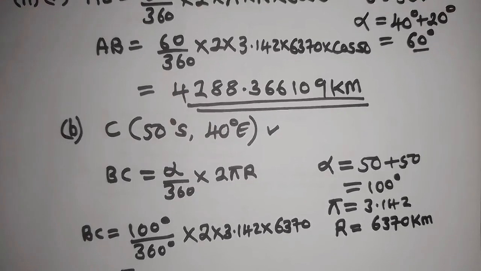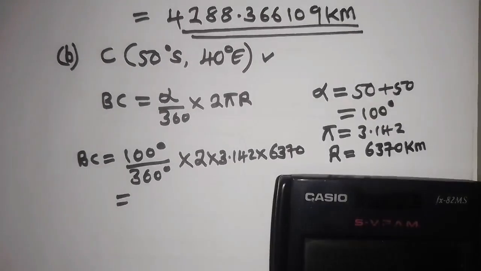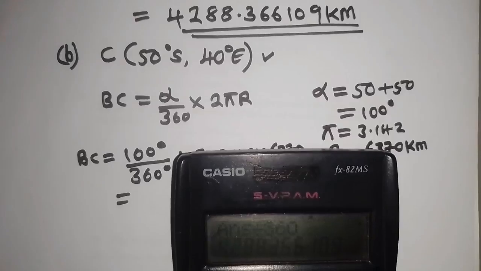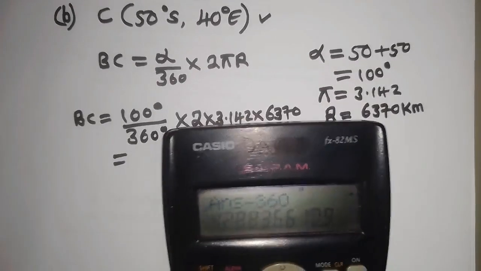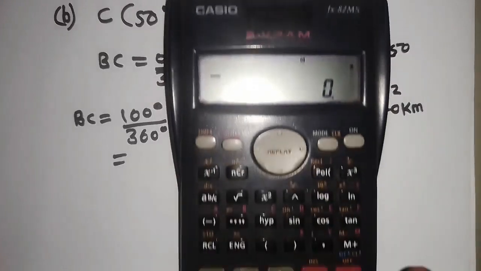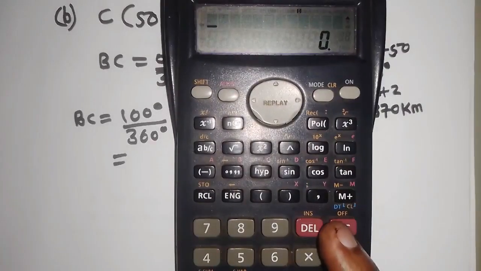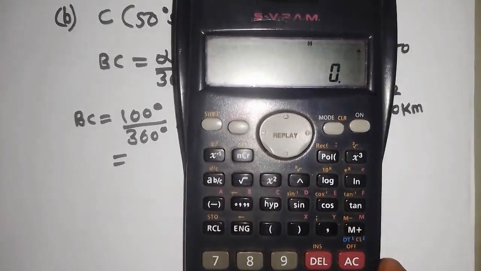So what I'm going to do is do the same thing. You remove what is on your calculator by pressing this button, the off button. So this deletes whatever is on your calculator.